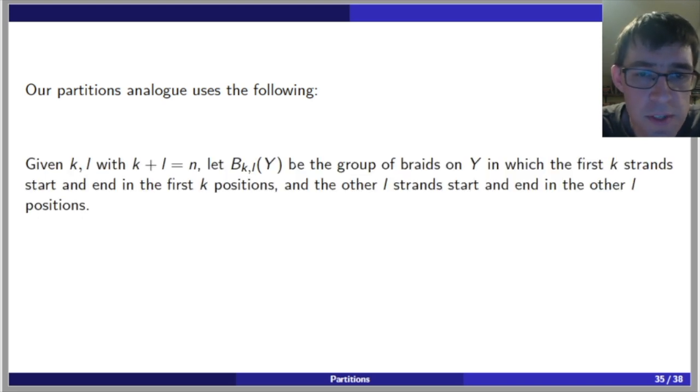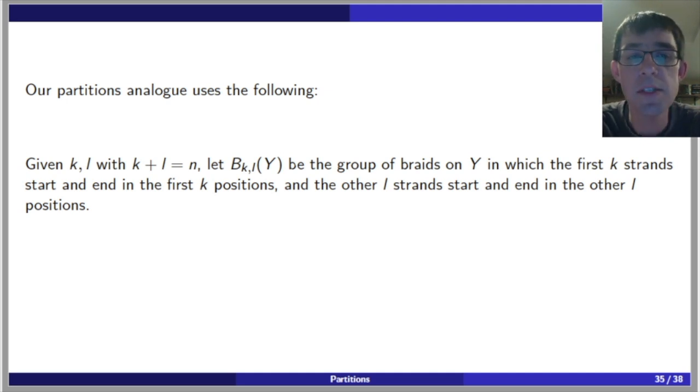Anyway, to do the same kind of thing concerning partitions rather than splittings all the way, I'm going to use this construction. If, again, I can break n into two parts which add up to n, let B sub KL of Y be the group of braids on Y in which the first K strands start and end in the first K positions, and the other L strands start and end in the other L positions.